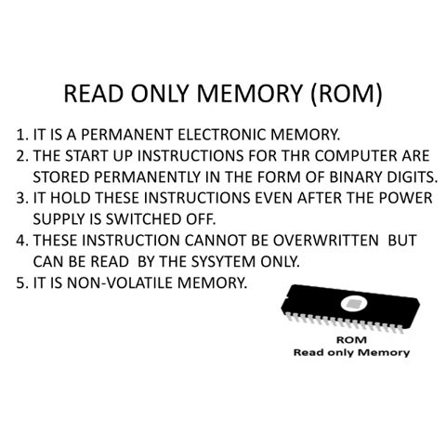These instructions cannot be overwritten but can be read by the system only. That's why it is called non-volatile memory. That means we cannot write again in this memory. We can only read it.